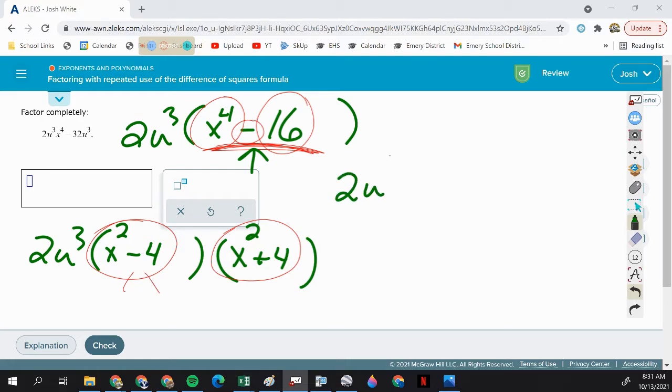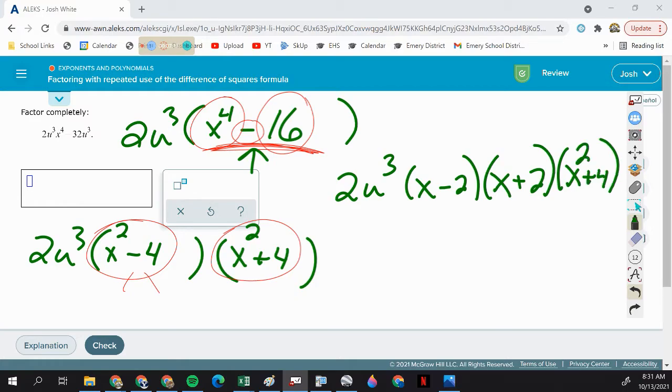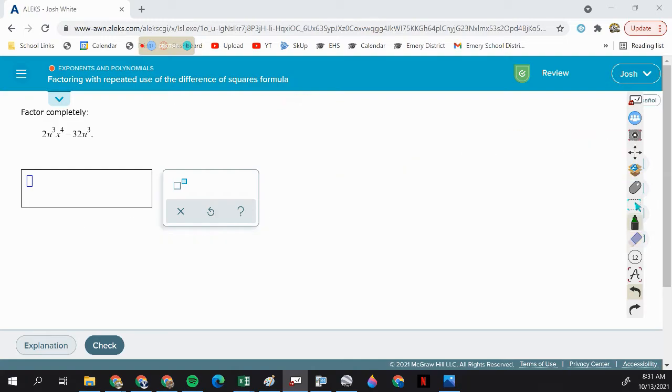So we get 2u to the third times x minus 2 times x plus 2 times x squared plus 4. That makes sense? You guys good there? All right. Now we're going to do factor by grouping.